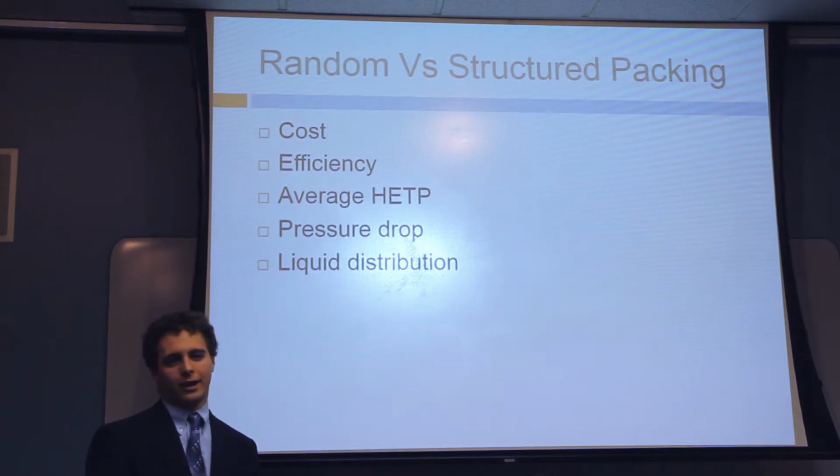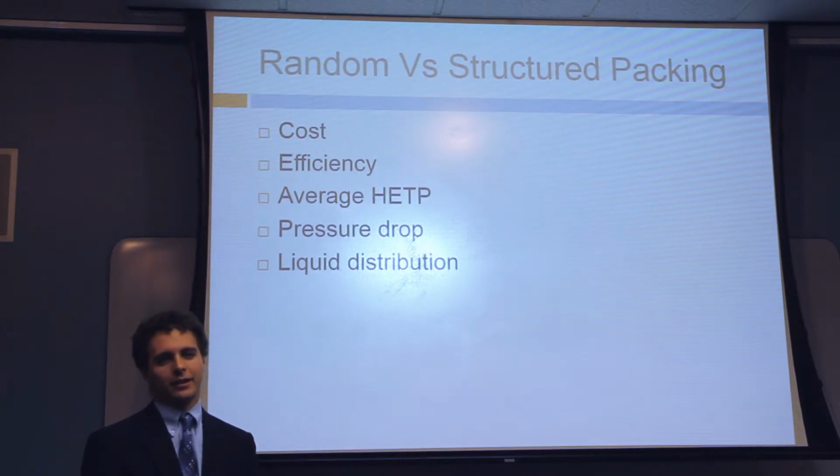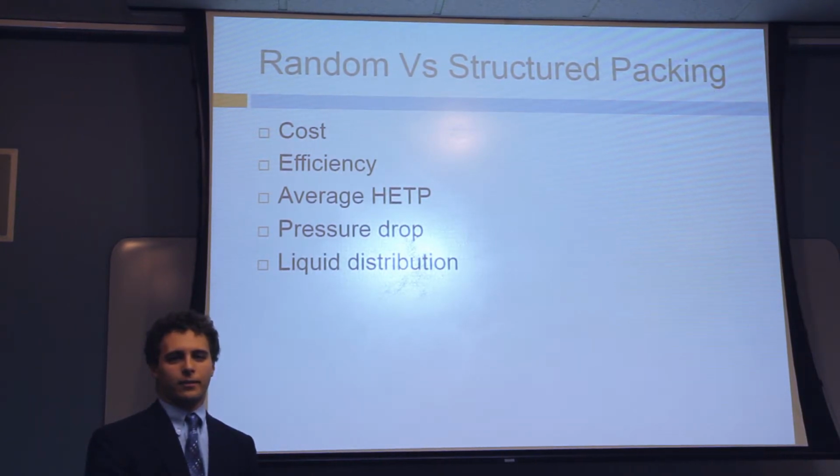For example, in cost, random packing tends to cost substantially less per unit volume than structured packing does, which makes it a better choice if the packing needs to be replaced frequently. However, for efficiency, the significant advantage offered by structured packing over random packing greatly offsets the increased capital cost.